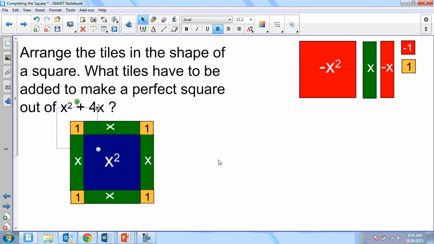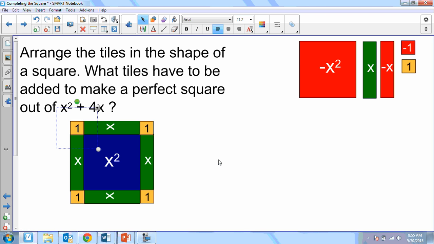Everybody agree that Brenna and Laurel have a perfect square? Does that look like a perfect square? Okay, but it's kind of hard to tell the dimensions of that square, isn't it? If I wanted to know how wide it was or how tall it was.